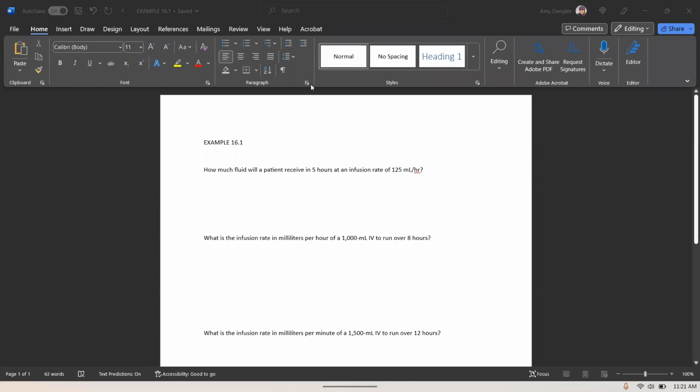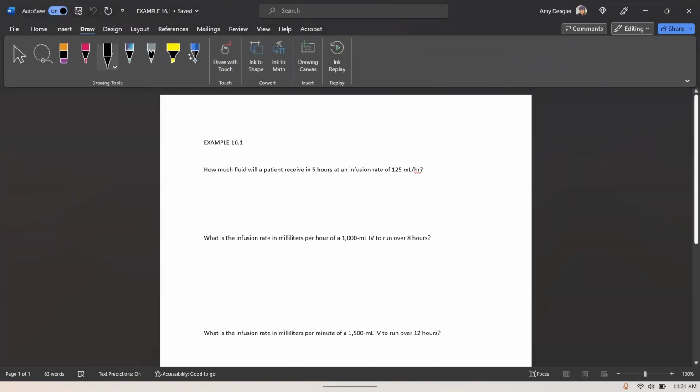Example 16.1: How much fluid will a patient receive in 5 hours at the infusion rate of 125 milliliters per hour? So right now it gives me a conversion factor we're going to use in a proportion. Just like in all proportions, we need to have the same units directly across as we do on the other side. We're looking for how much fluid, so that's our volume in milliliters, and we want to know at 5 hours.